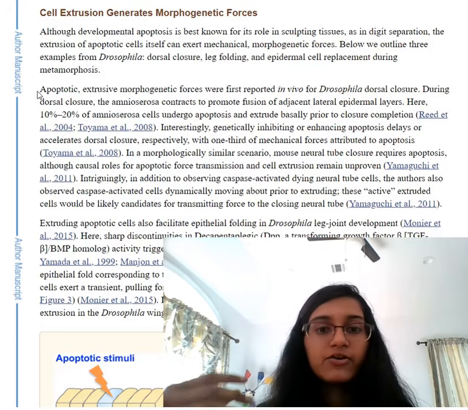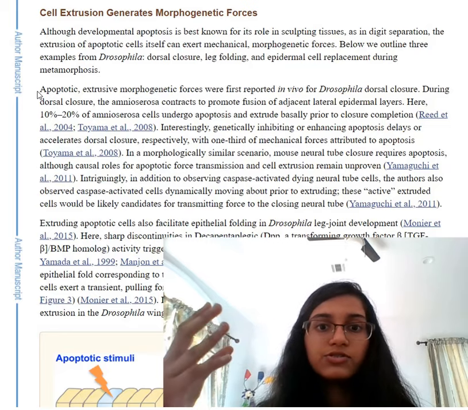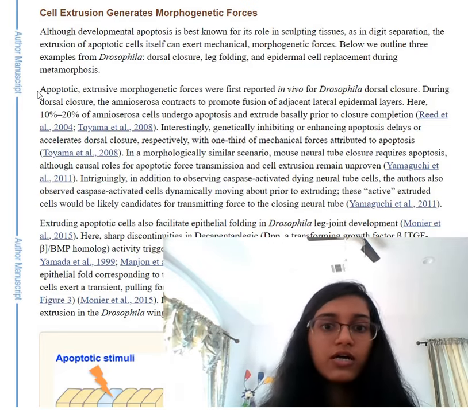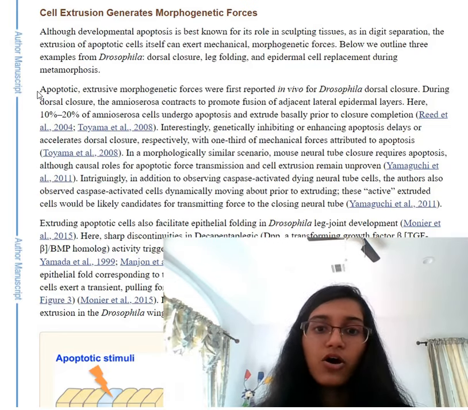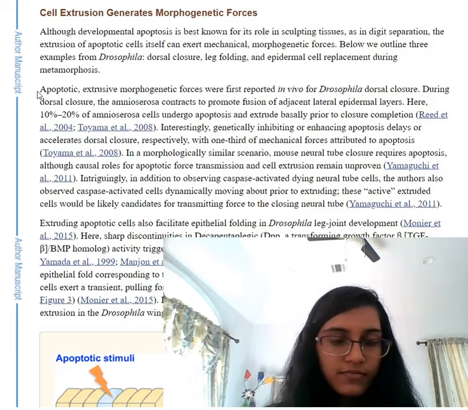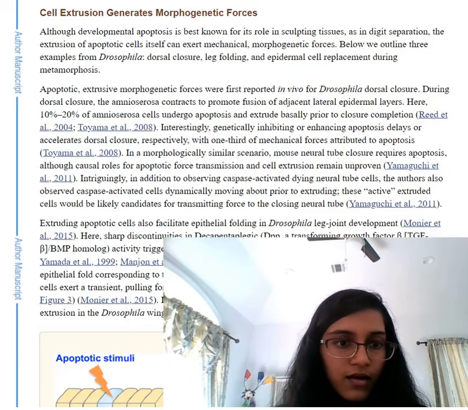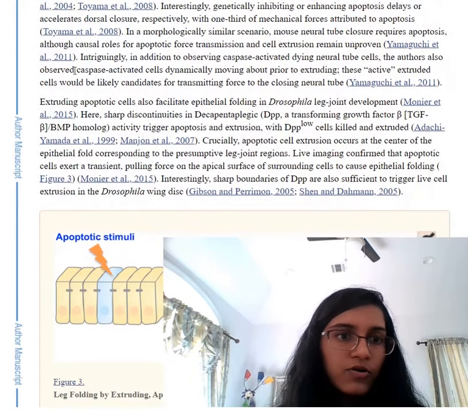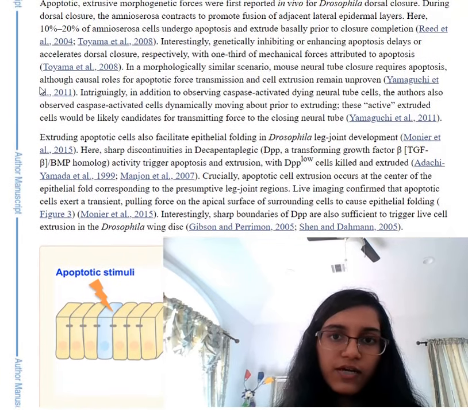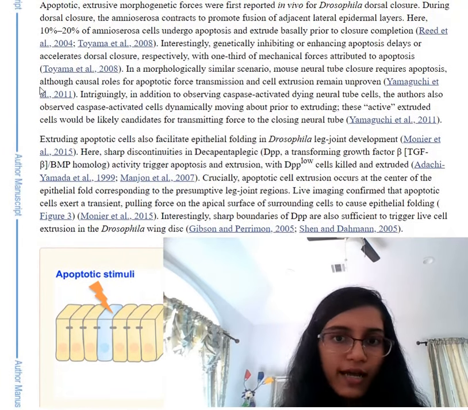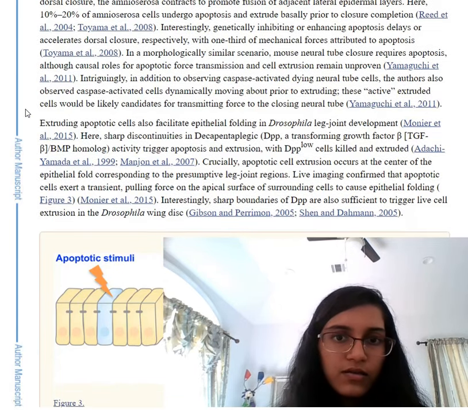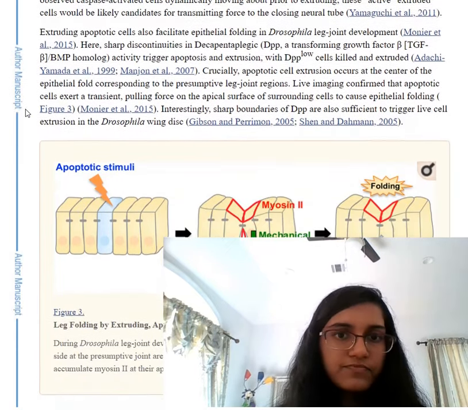So all that's happening here is that, in a very similar situation to the Drosophila dorsal closure, you also have a closing of neural tube cells in mice, also due to apoptosis. So we understood that that happens in both Drosophila dorsal closure and mouse neural tube closure.